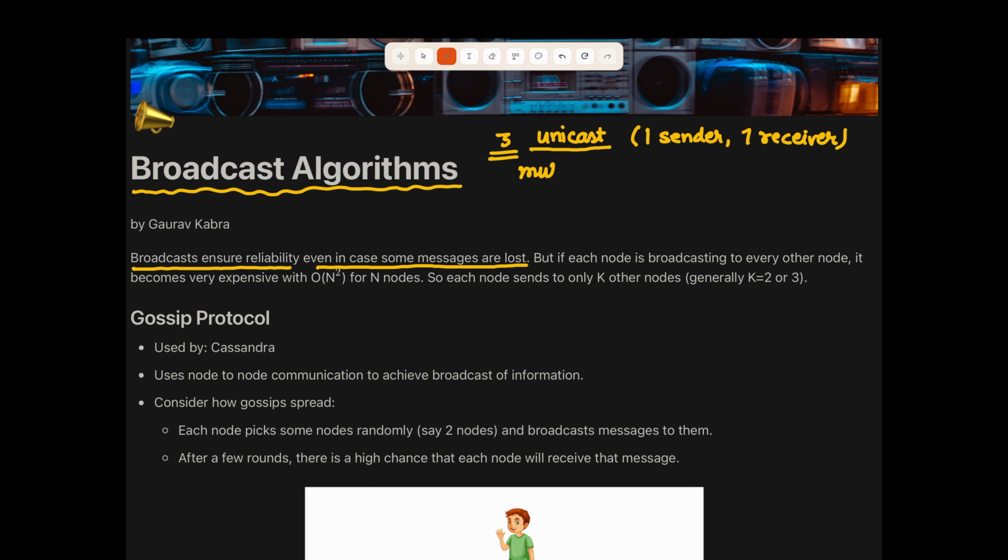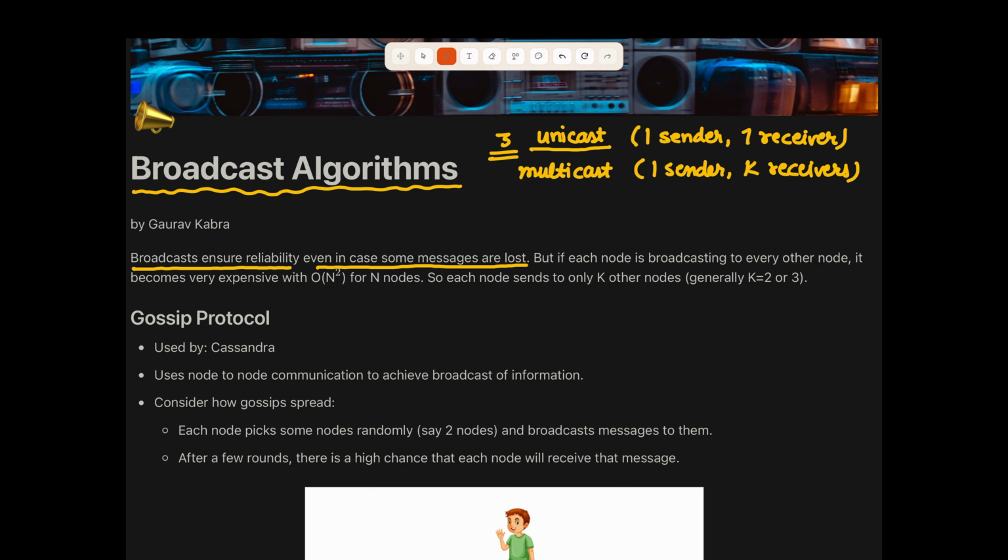Then comes the multicast. That means one sender and some, let's say k, receivers. So let's say you are giving some presentation in front of your 5 friends. Even though in your classroom 30 students are studying, you are only telling this message to 5 friends. So it is a multicast.